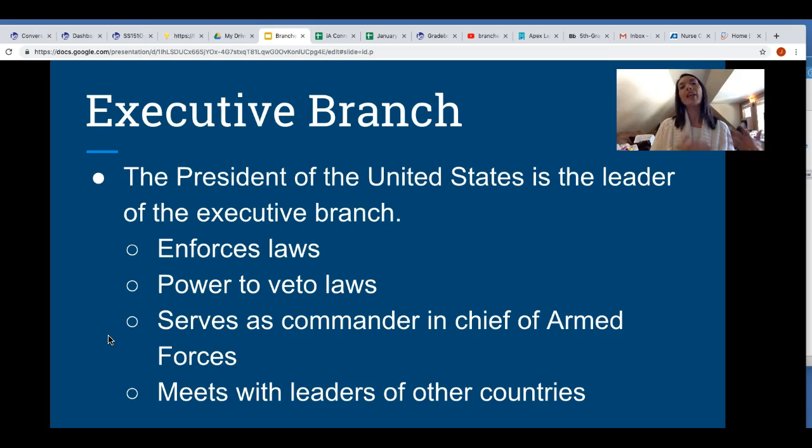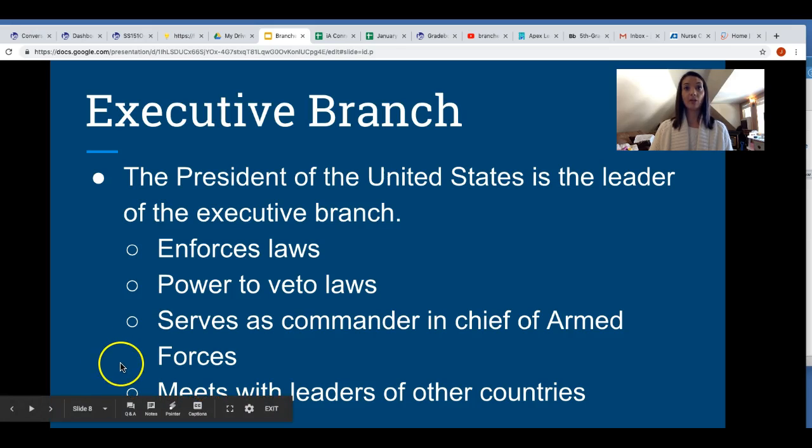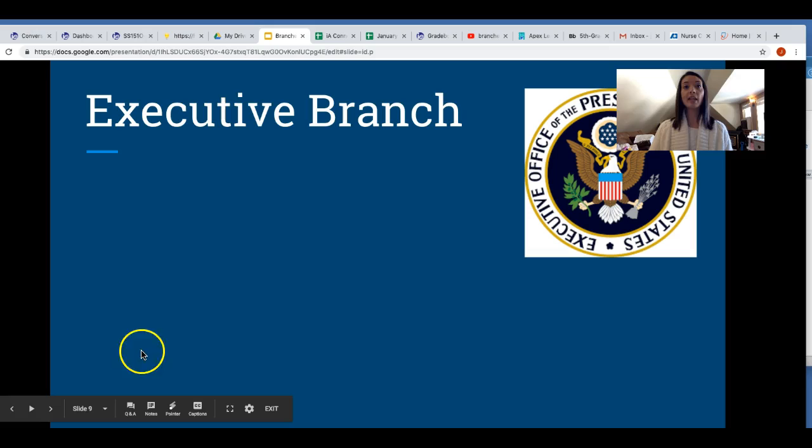So it says they meet with leaders of other countries, so foreign leaders, leaders that are in charge of Germany, Japan, Russia, England, Botswana, right? They can meet with other leaders from other countries, okay? Now, if I'm talking too fast, make sure that you pause it and you write down the information that is important, okay?